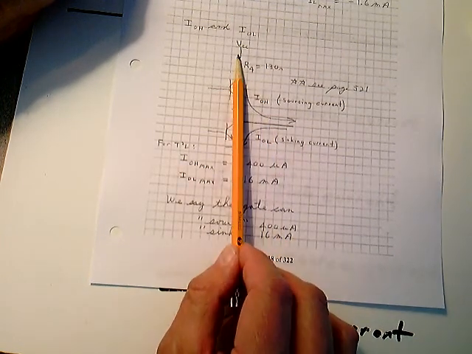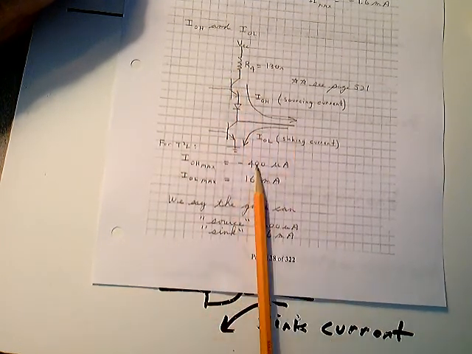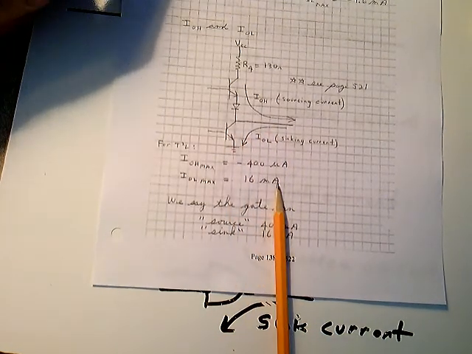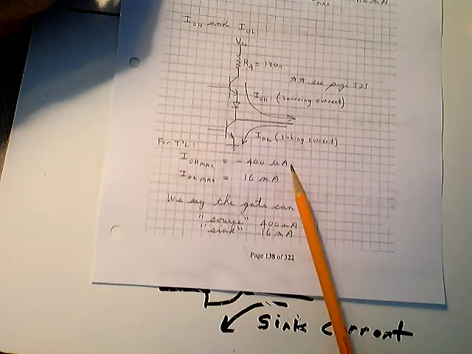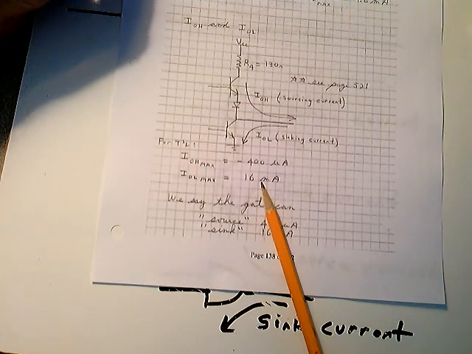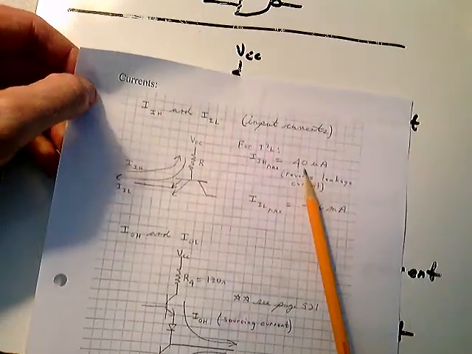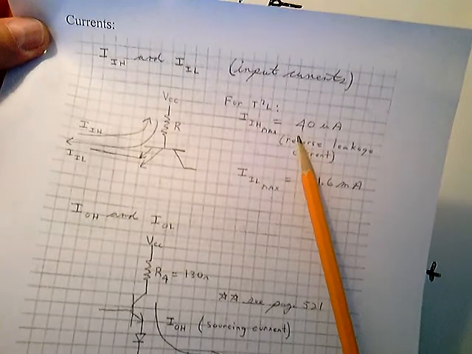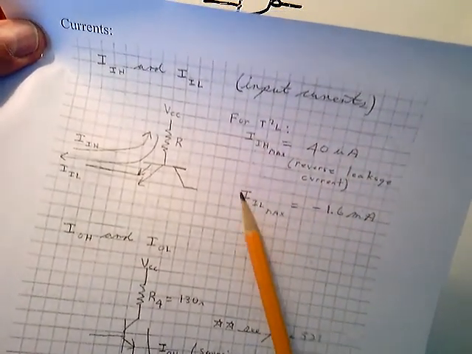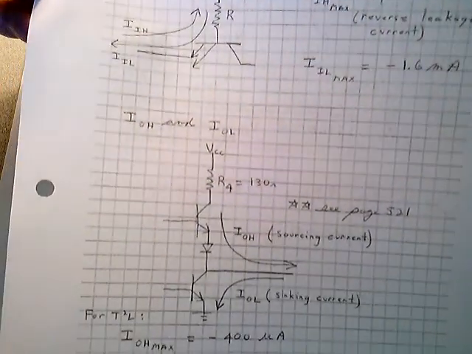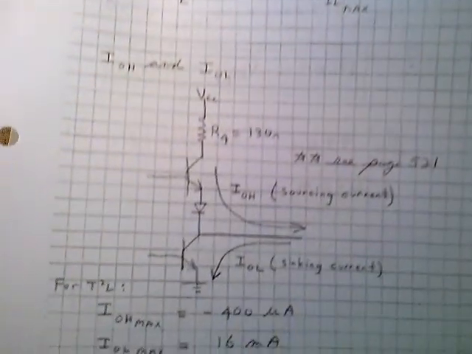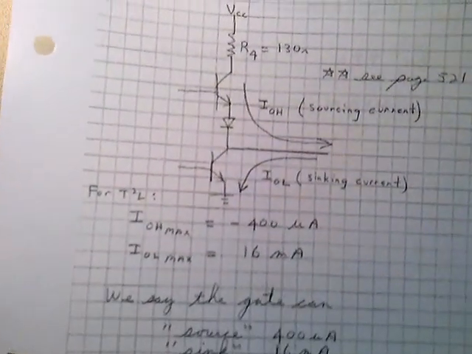So in the high state, it'll source 400 microamps. In the low state, it'll sink 16 milliamps. Make sure you can get this information out of the specification on page number 273. I want you to see if you can determine where that comes from. High-level input current, the low-level input current, the high-level output current, and the low-level output current. Make sure you can justify all four of these from the specification for TTL.